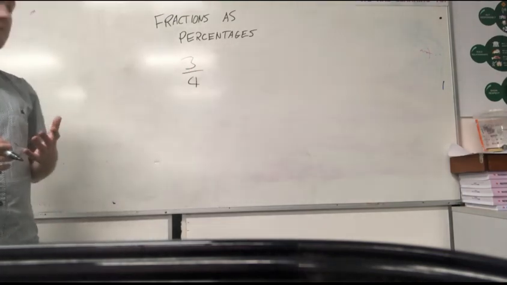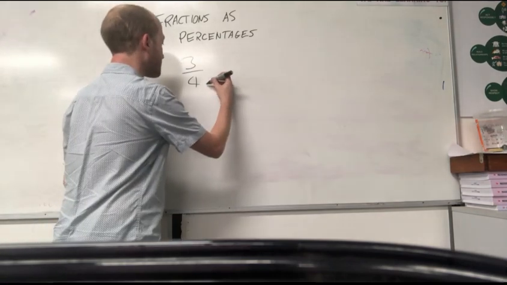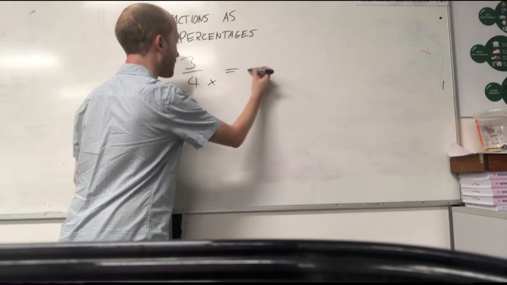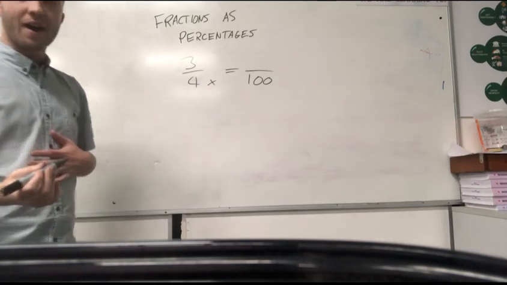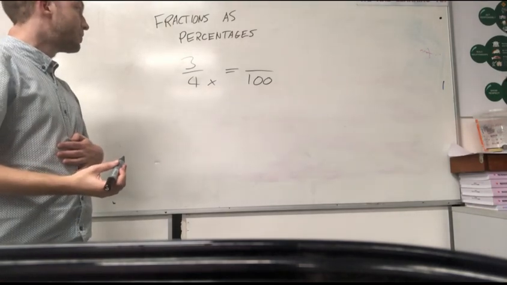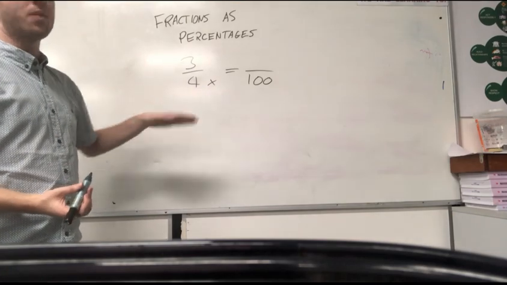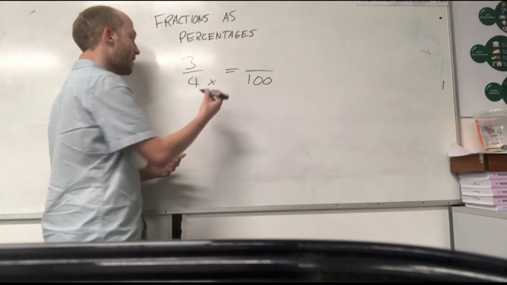I've got my 3/4 here, and I need to times this by something so that I can get something over 100. What would I need to times 4 by to get to 100?